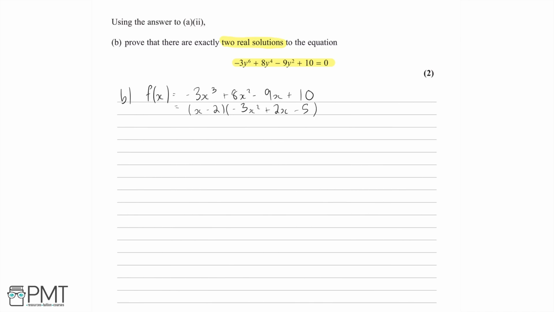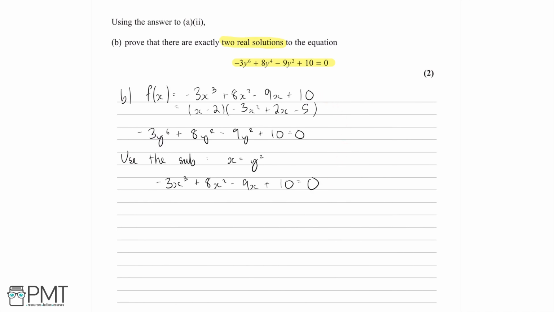The first thing to notice is that this equation here is the same as f of x, except we use the substitution x equals y squared. So if we take minus 3y to the 6 plus 8y to the 4 minus 9y squared plus 10 equals 0, and use the substitution that x equals y squared, then we're left with minus 3x cubed plus 8x squared minus 9x plus 10 equals 0, which is the same thing as f of x.